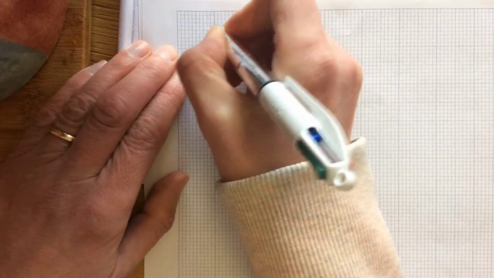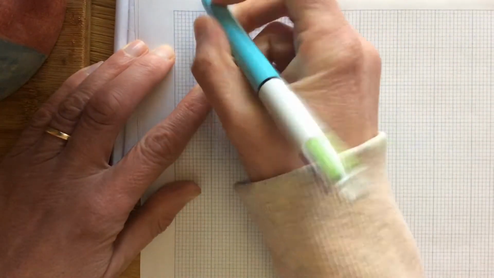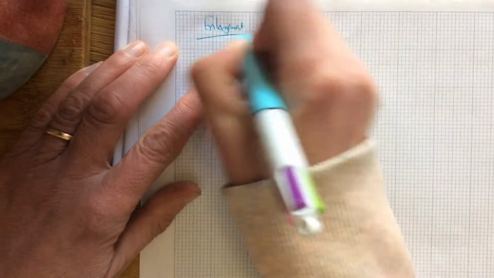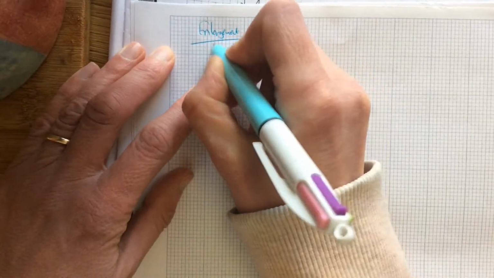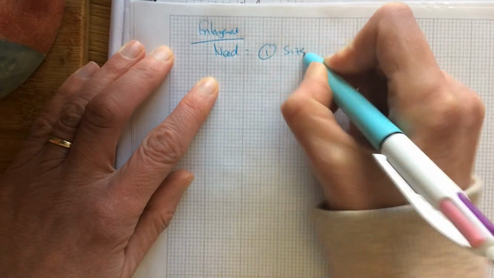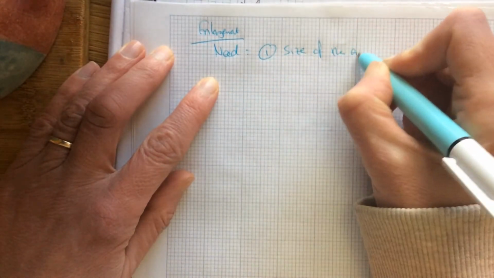Okay, everybody, we're going to have a wee look at enlargement now. I get a pen that works. So, enlargement. And in your notes, the first thing I want you to write down is what you need. You need to know one, the size of the enlargement.